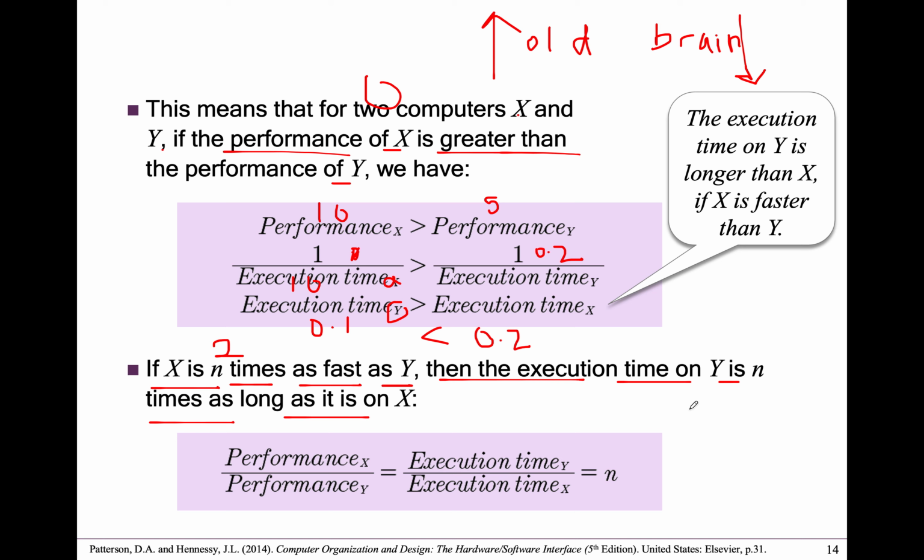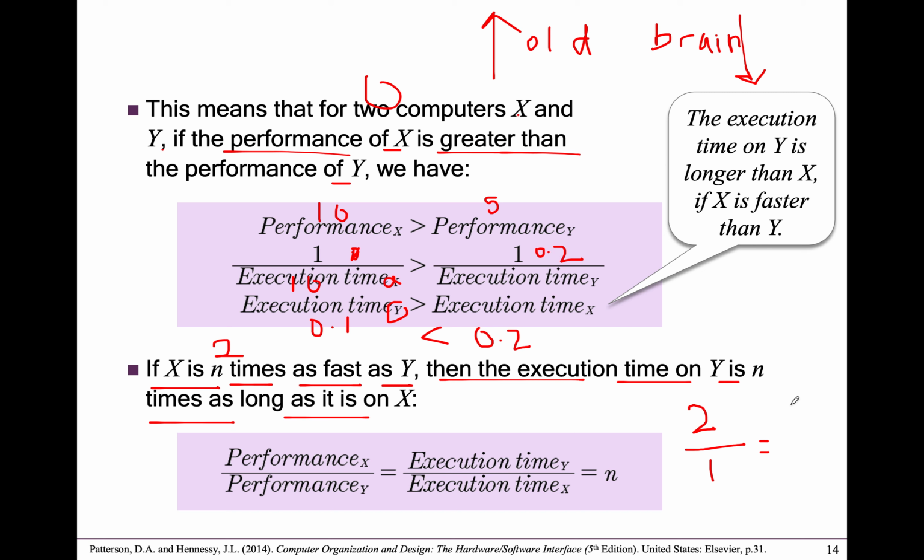Performance of X is 2 versus Y. Of course, if it's 2 times, the Y will be 1, equal to the execution time for your Y. If the execution time is n times for Y, then if X is n times faster.